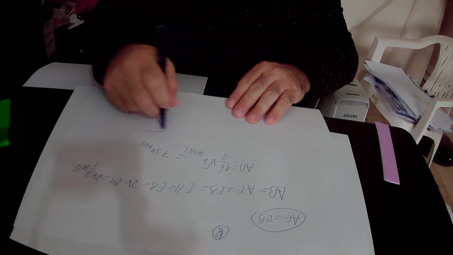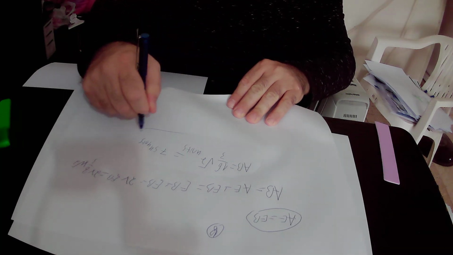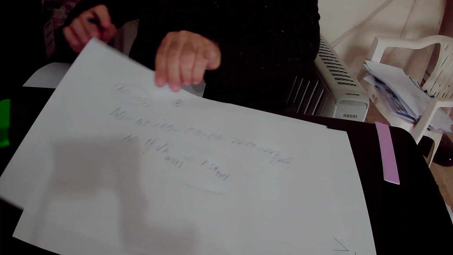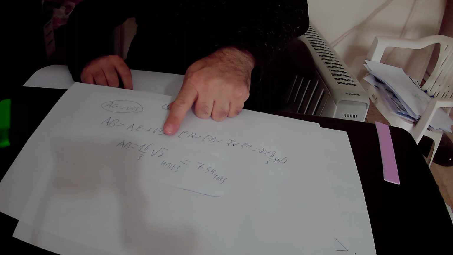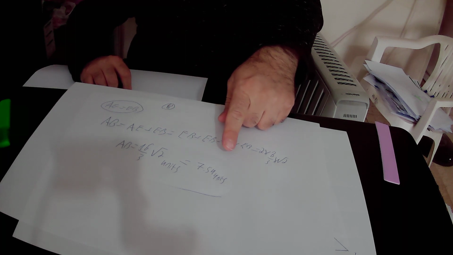I repeat, AB equals either 16 over 3 times square root of 2 units, or in terms of numbers, 7.54 units.